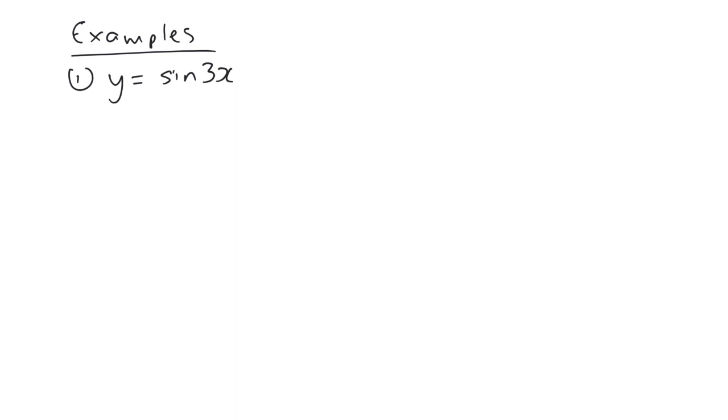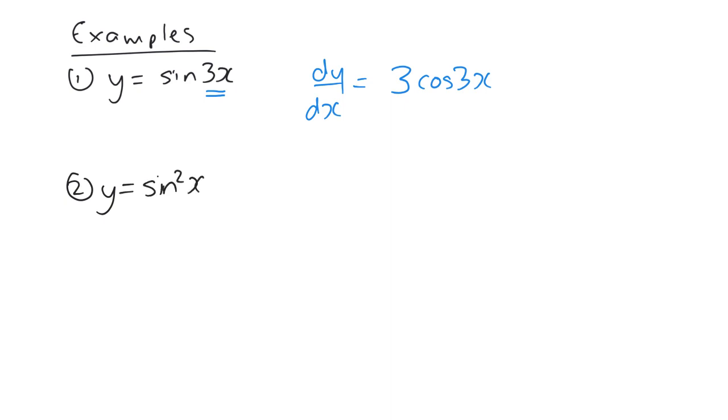Our examples then. So our first one, y equals sine 3x. So to differentiate sine 3x, we would get cos 3x, and then we'll have to differentiate the x part. So differentiate 3x, we get 3. Second one, y equals sine squared x.